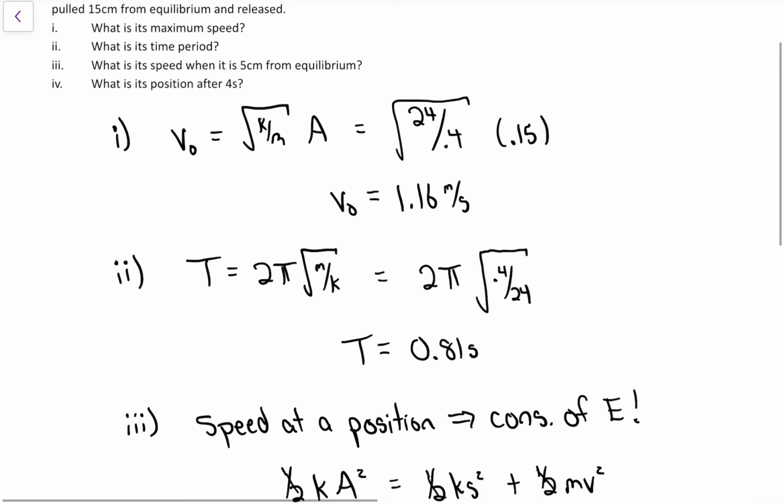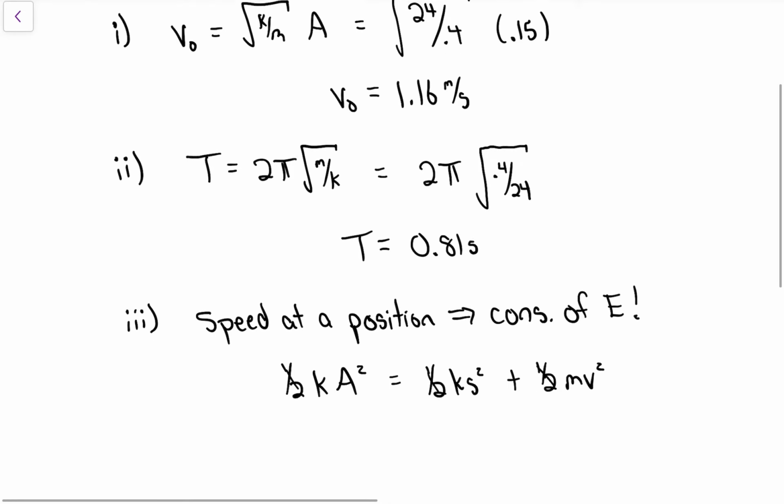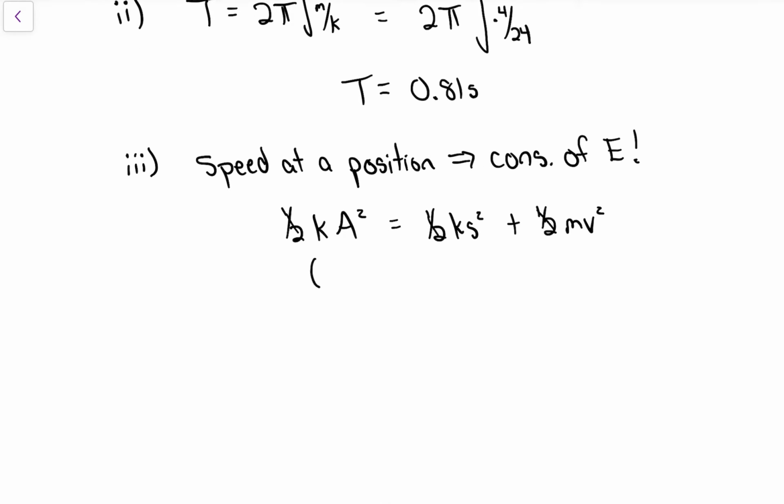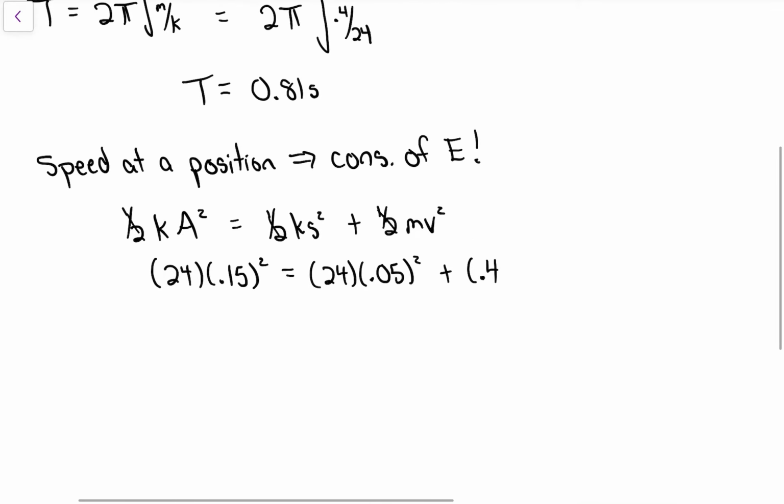For this particular question, we knew the amplitude was 15 centimeters and the k was 24. We're curious about 5 centimeters. So the k was 24. The amplitude was 0.15 when we're in meters. We're curious about what's happening when it's 0.05 meters away. The m was 0.4.